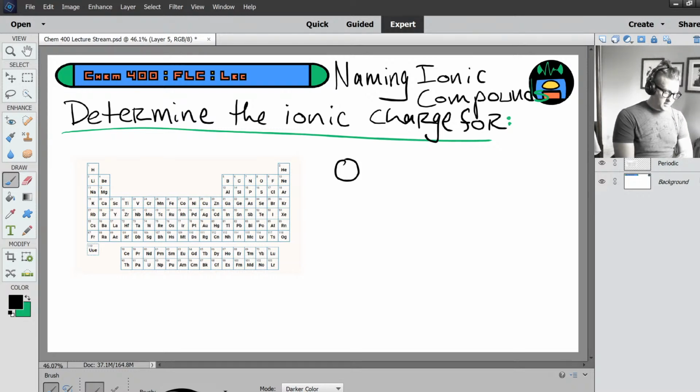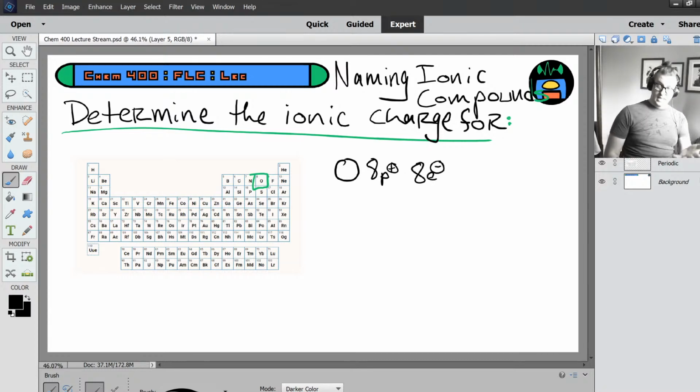Well, the first thing that you have to do is find oxygen on the periodic table. It's right here. Then you ask yourself how many protons and electrons it has. Oxygen is the 8th element, so it will have 8 protons and 8 electrons.